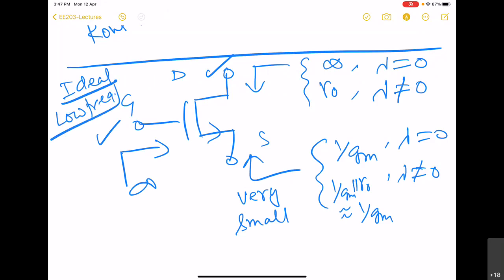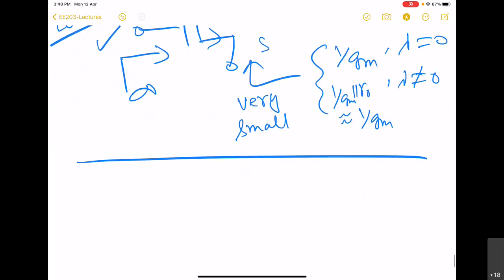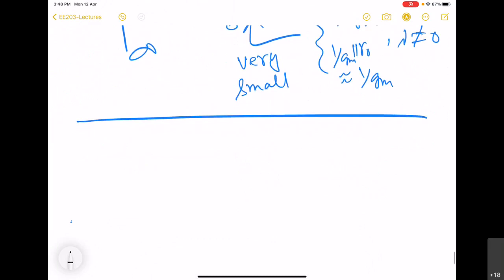So this will give us an idea that if we want to implement one out of those four classes of amplifier, which of these three nodes should be on the input side and which should be on the output side. So let us take each of those cases one by one.